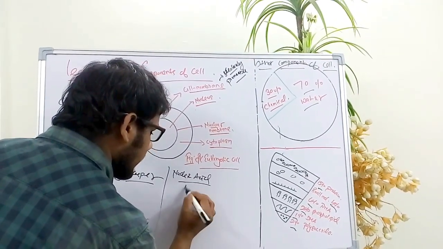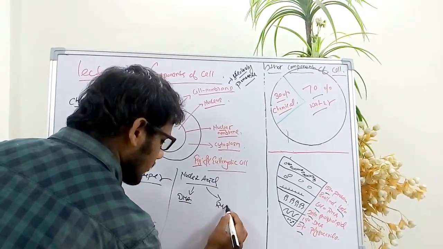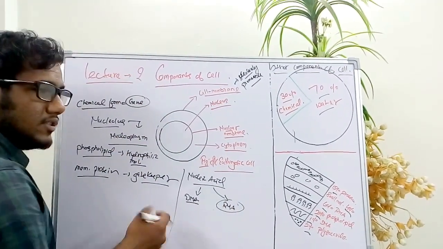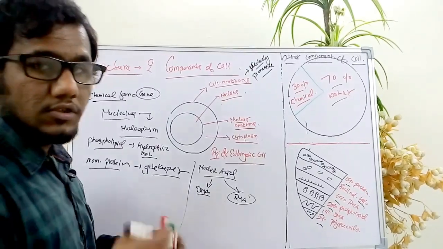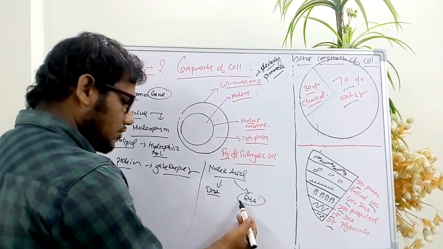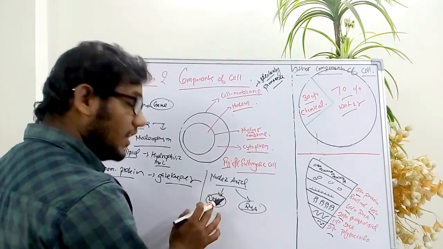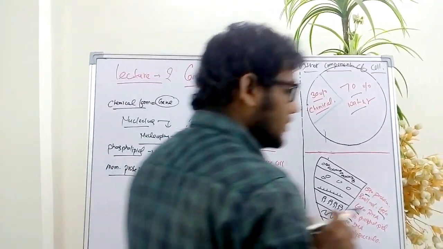Nucleic acid is divided into two parts, DNA and RNA. The function of DNA is to act as information storage. It stores the information that is passed from generation to generation. And the function of RNA is to express the information that is present on the DNA. So the nucleic acid is complete.